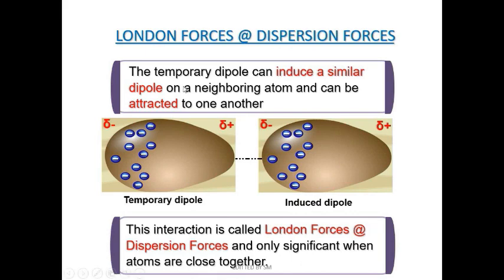So, London forces are weak temporary forces of attraction that occur between nonpolar molecules, and they exist in all atoms and molecules. The forces arise because electrons are in constant motion, and London forces are weak because the temporary dipole changes with the motion of the electrons.